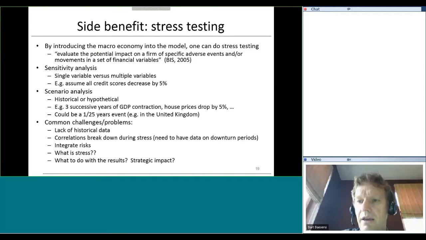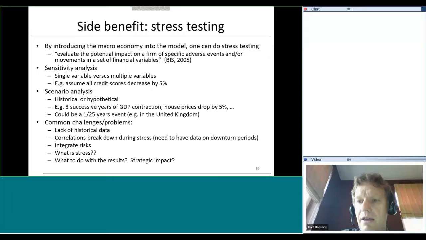The first goal of stress testing is informative in the sense that you want to know how sensitive your expected and unexpected losses are with respect to adverse events happening. However, when you do stress testing, you're typically faced with various challenges, like a lack of historical data. Ideally, you want data on downturn situations, but you do not always have that available.